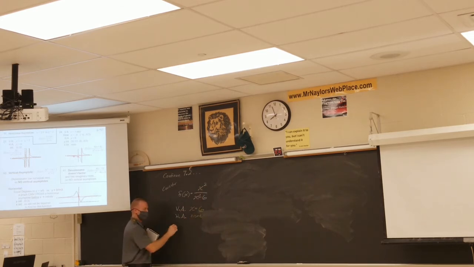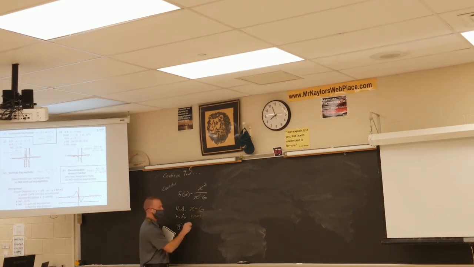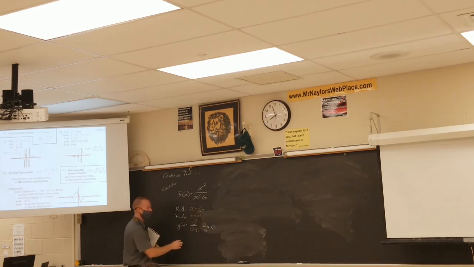No problem. Moving on to the y-intercept, you plug a 0 in for x. Make sure that you are confident with the math. You don't have to show any work, but I'm showing it one more time: you basically end up with 0 over -6. Yes, you're allowed to do that. It actually comes out as 0. Now, if you plugged in 0 and you got 0, that means you have the point (0, 0).